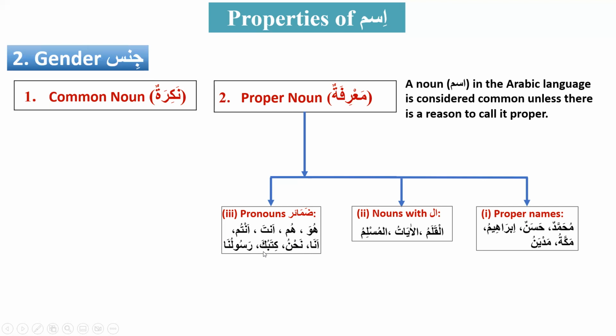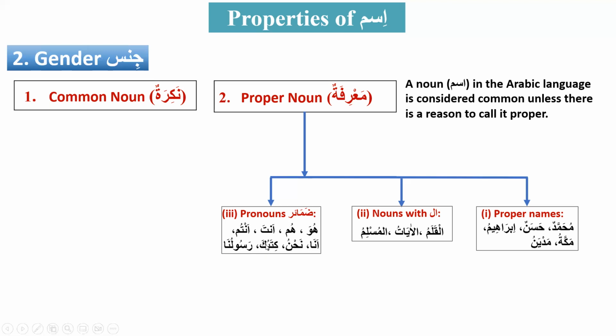And when we attach them to, for example, the word book, we said kitabuhu, kitabuhum, kitabuka, kitabukum, kitabi, kitabuna. So we attached pronouns to an ism, and when we do that, those attached pronouns are proper as well. So it doesn't matter.